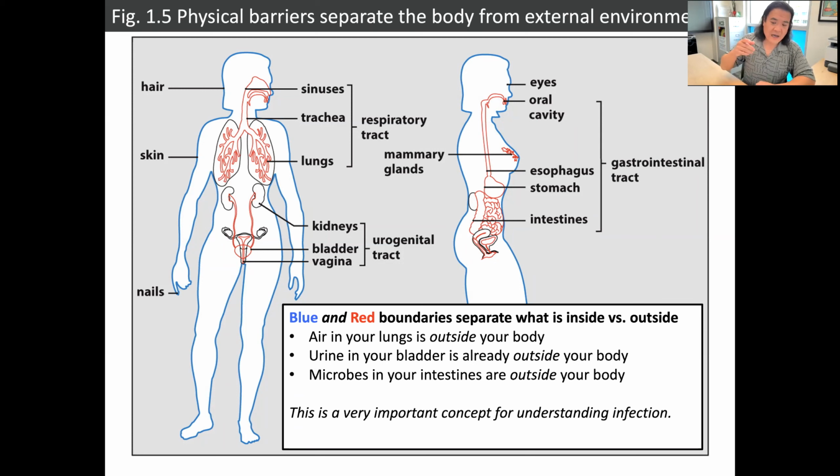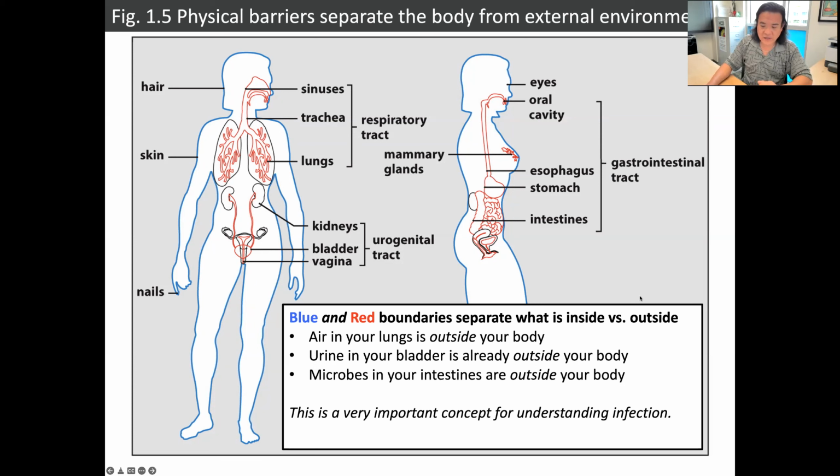Right? Last time I emphasized to you, this is a really important concept of understanding inside versus outside. Even stuff that's going through your respiratory tract into your lungs or food going down through your GI tract are still technically outside of your body, in the same way that a car driving through a tunnel, like the polytunnels, is passing through the mountain but is not actually in the mountain.